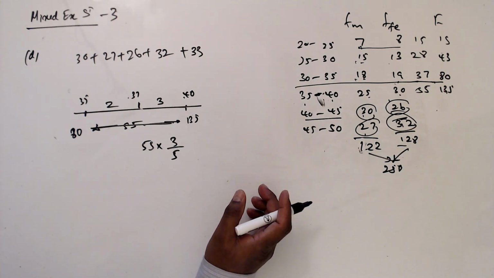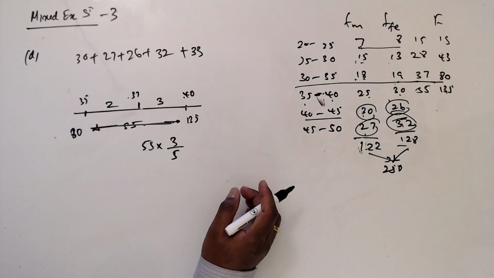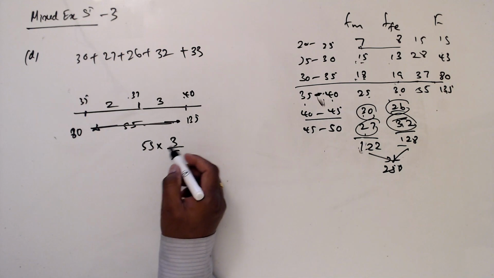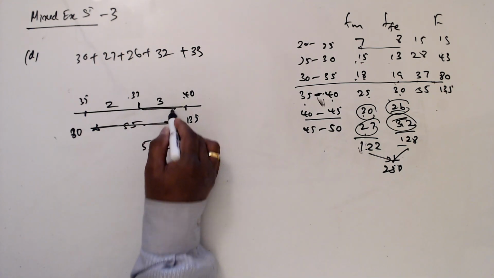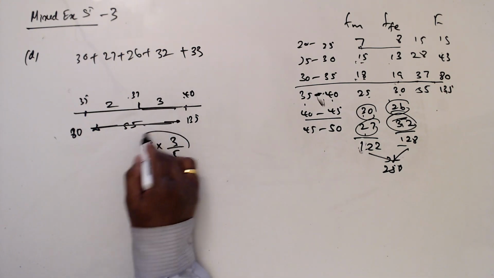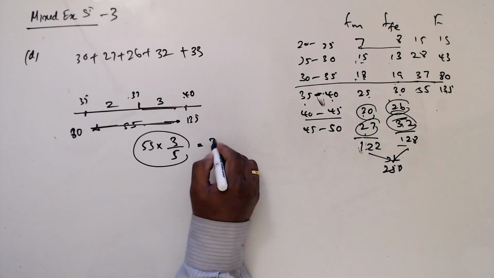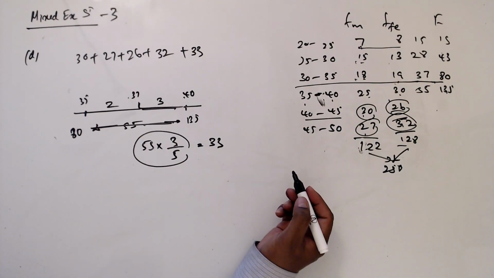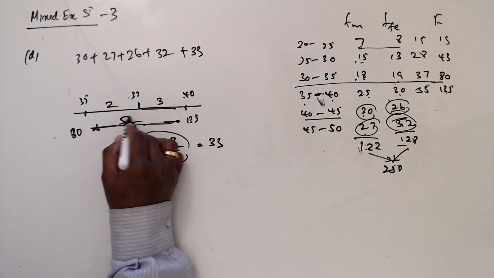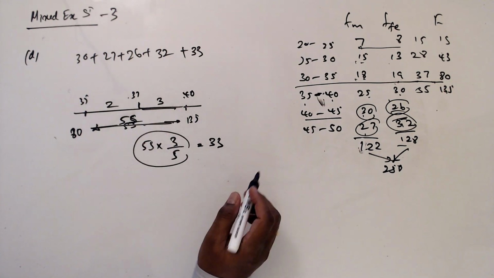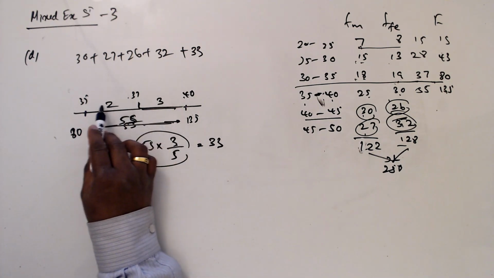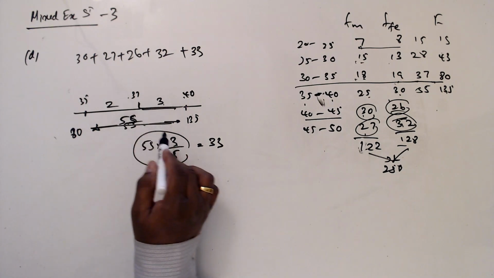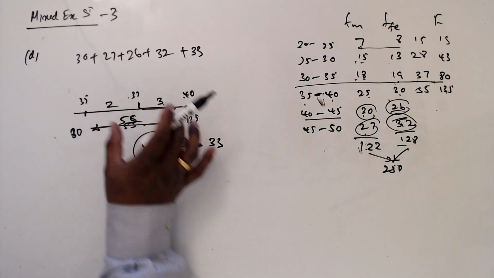Finally, that's the answer you will get through the interpolation. So since I need this part, I'll select 3. So 3 out of 5 of 55 is 33. Take this 55 and divide to 3 out of 5 ratio, because total is 5.